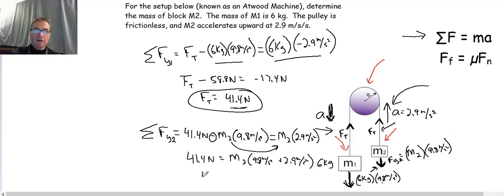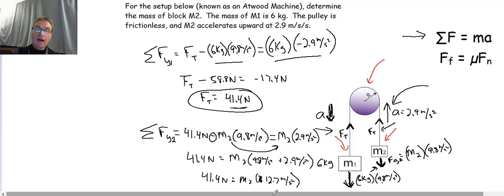Okay, and so I've got 41.4 newtons is equal to M2 times 9.8 and 2.9, which turn out to 12.7 meters per second squared.